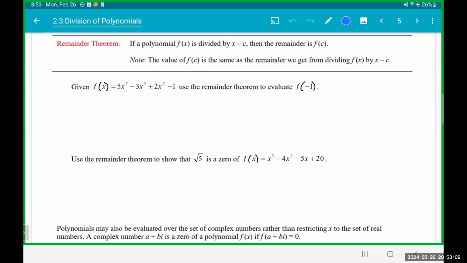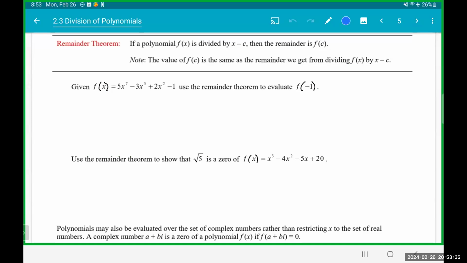Okay, so we have what's called the remainder theorem. Basically what that's saying is that if we have a polynomial divided by x minus c, then the remainder is whatever f of c is, so we put c in and evaluate that.